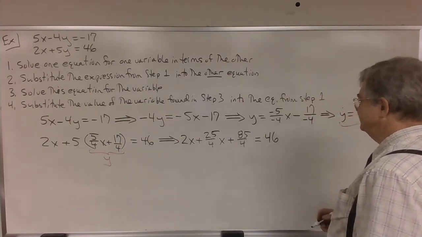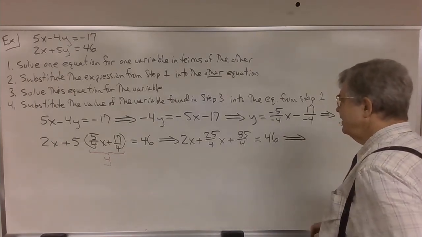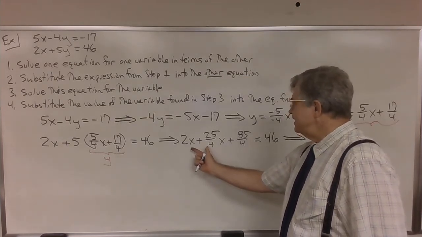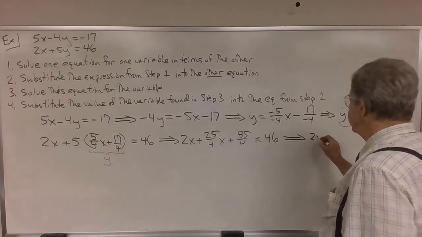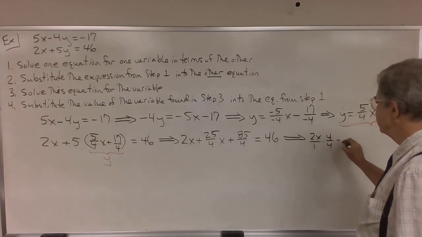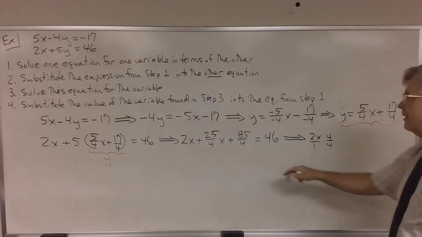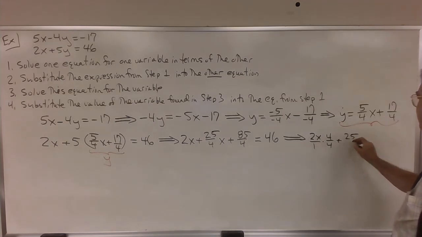Okay. I'm going to have to combine these two, so I need a common denominator. So I'll have 2x over 1 times 4 over 4 plus 25/4 x, or 25x over 4.